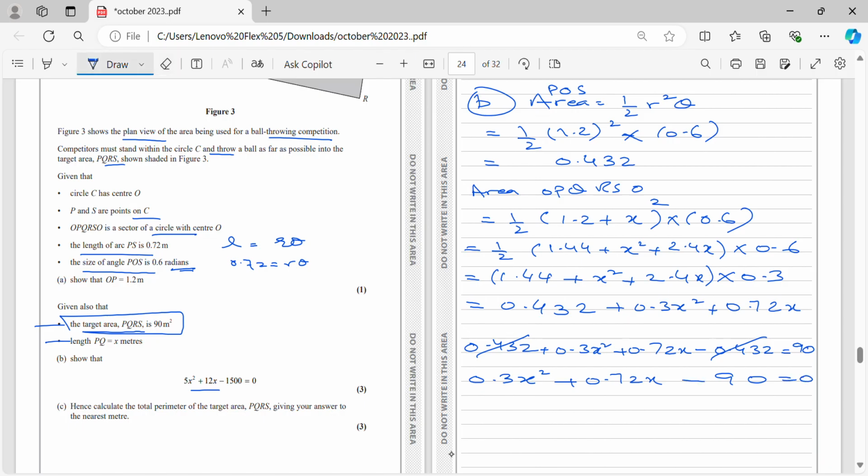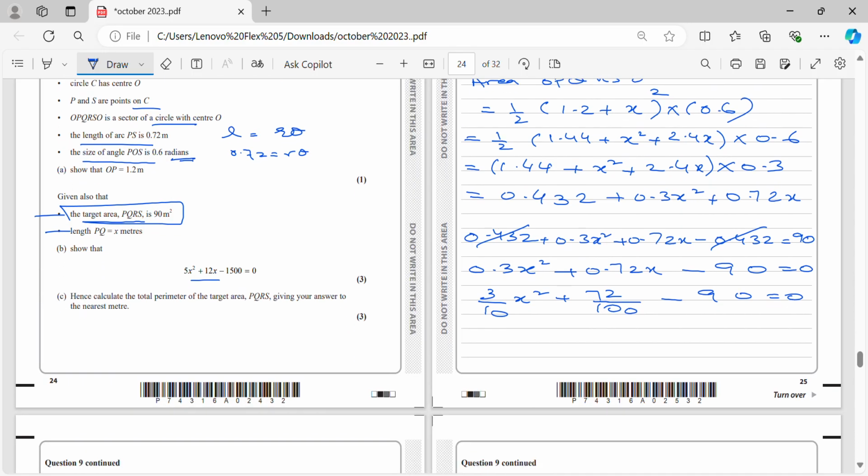So let's solve. 0.3, I can write it as 3 over 10, 72 over 100 and minus 90. Take its LCM and make equivalent fractions.